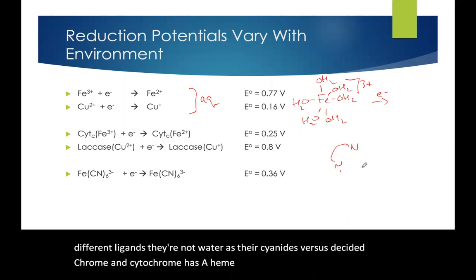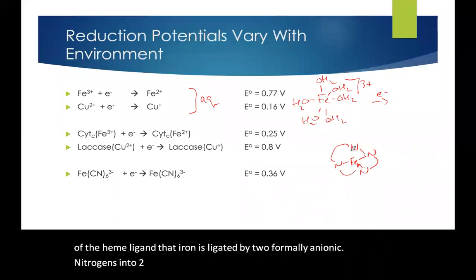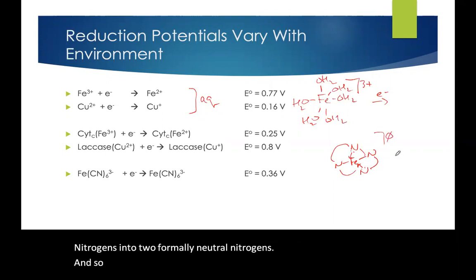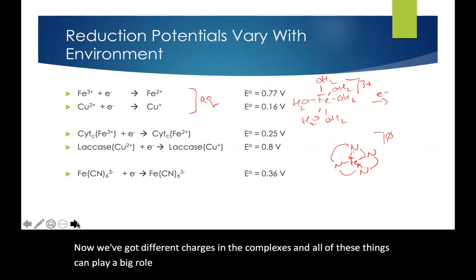So just to do a quick cartoon of the heme ligand, the iron is ligated by two formally anionic nitrogens and two formally neutral nitrogens. And so overall, the charge here is 0. But we've got ligation by oxygen, by nitrogen, by carbon here. Now we've got different charges on the complexes, and all of these things can play a big role in tuning the reduction potential. So let's take a look at some of these factors.